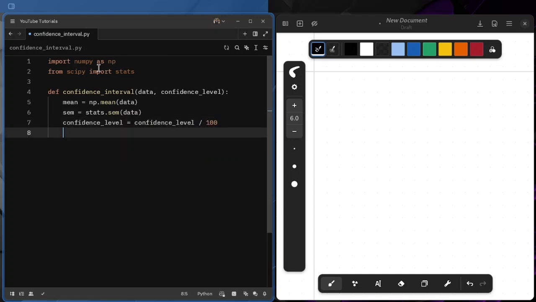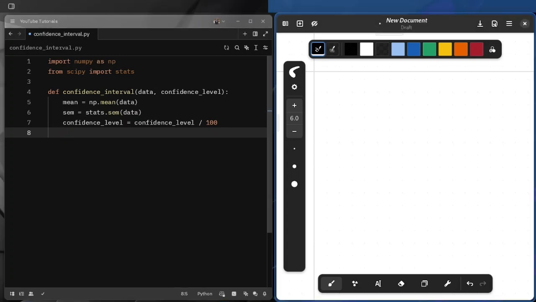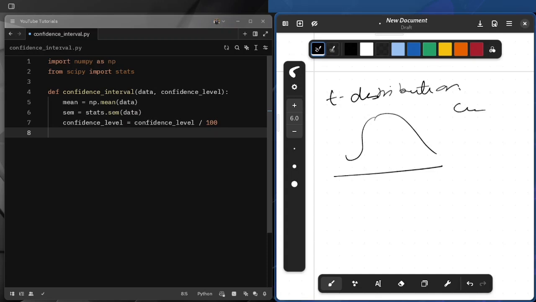Now once you have the confidence level, you're going to find the cumulative probability for the distribution that we are selecting. So let's say we are selecting the t distribution. For the t distribution, or for any distribution, we are going to find the cumulative probability. Cumulative probability is nothing but a function when the random variable is less than or equal to a certain value.